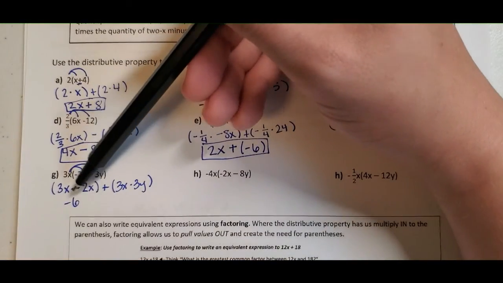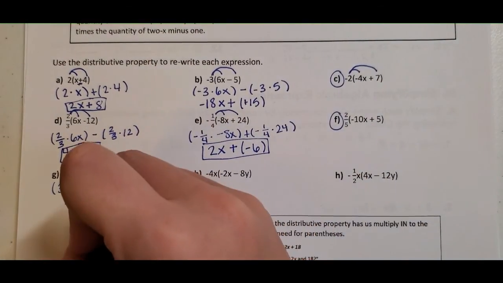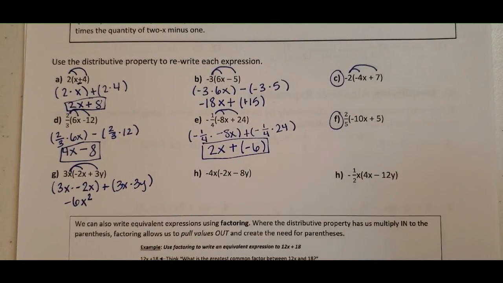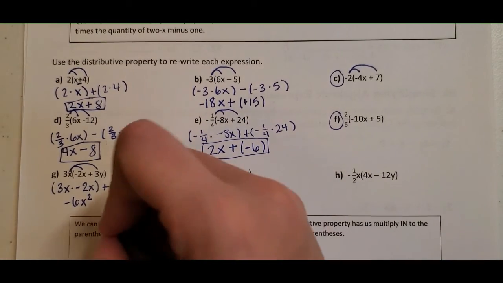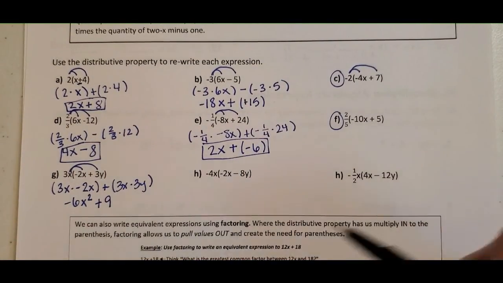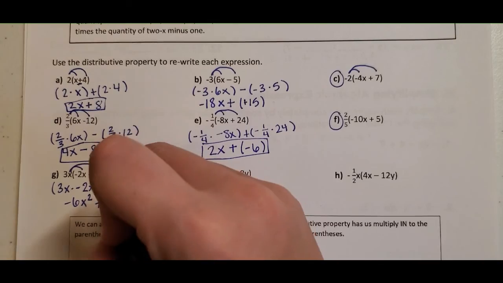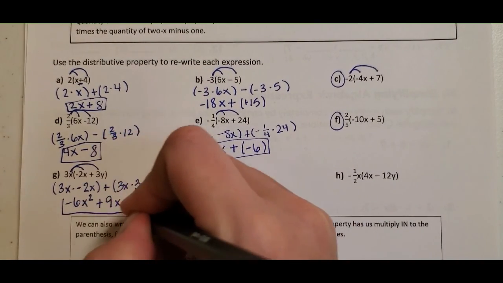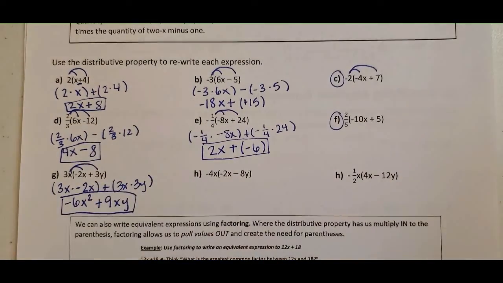So I have 2 x's, so this would be x squared. So if you were multiplying like 3 x's together, it would be x to the 3rd. 4 x's, x to the 4th, okay? So this is negative 6x squared plus 3 times 3 is 9. And you're just going to add on those letters, x and y. That is your answer.